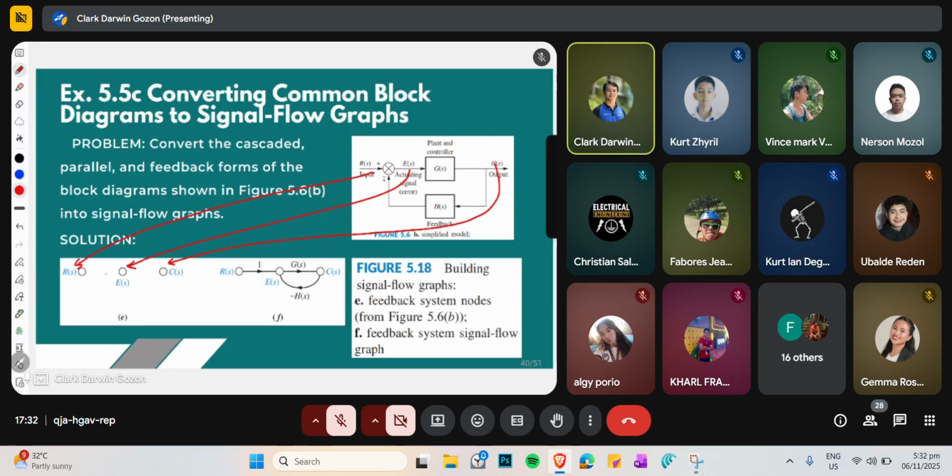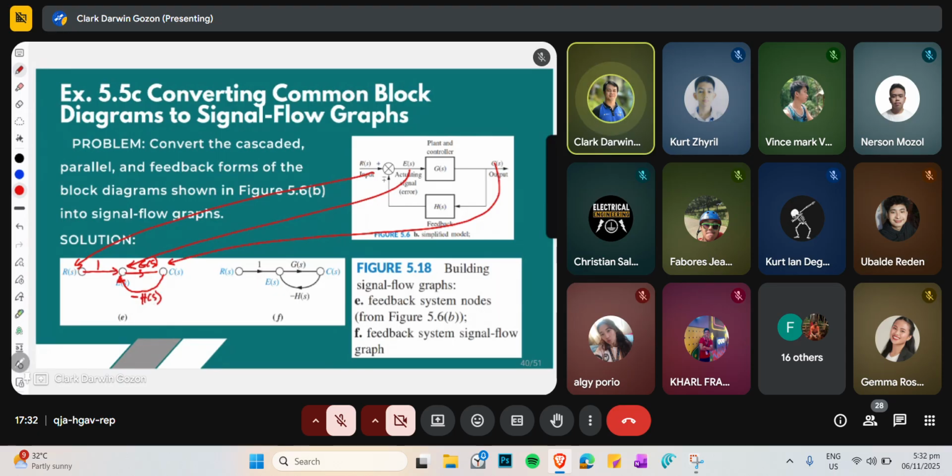Then you connect the dots, no? This one, wala na siya. 1 lang iyang gain. This one is G of S. Then I feedback dayon nga ni sunod diri, which is negative H of S.